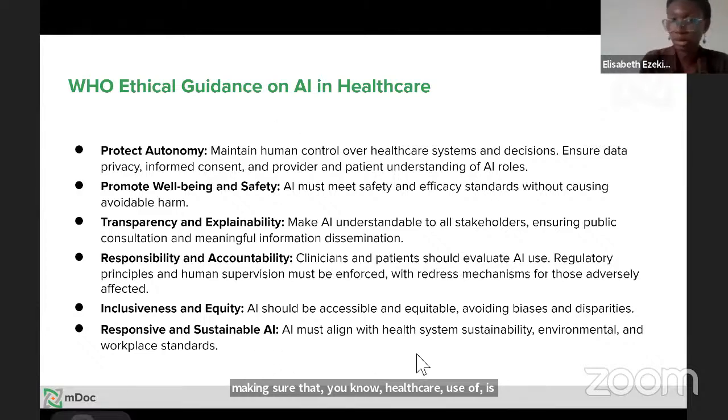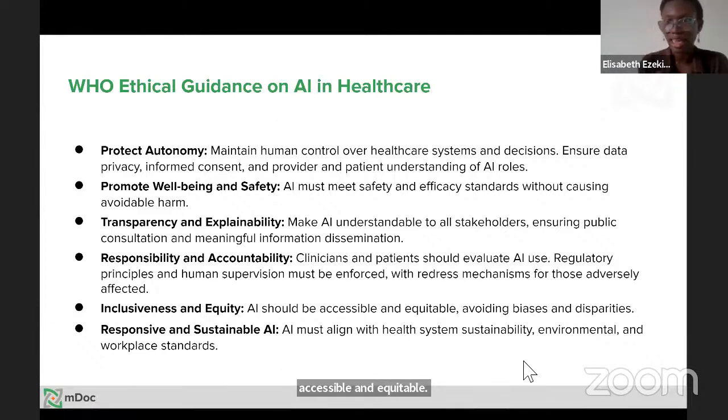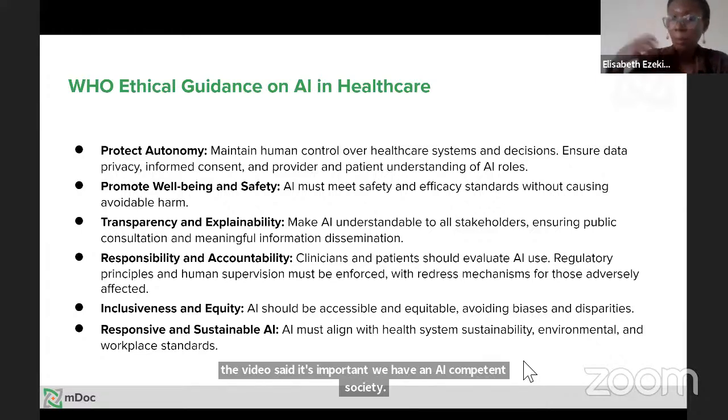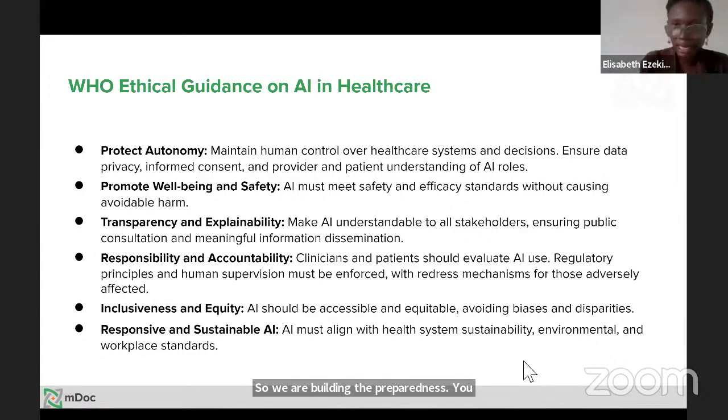There are no biases, no discriminations, no disparities. Like the video said, it's important that we have an AI competent society. So we are building the preparedness, the understanding, the competence, and the confidence of a society, both healthcare providers and healthcare patients alike, in their understanding, inclusiveness, and use of AI.